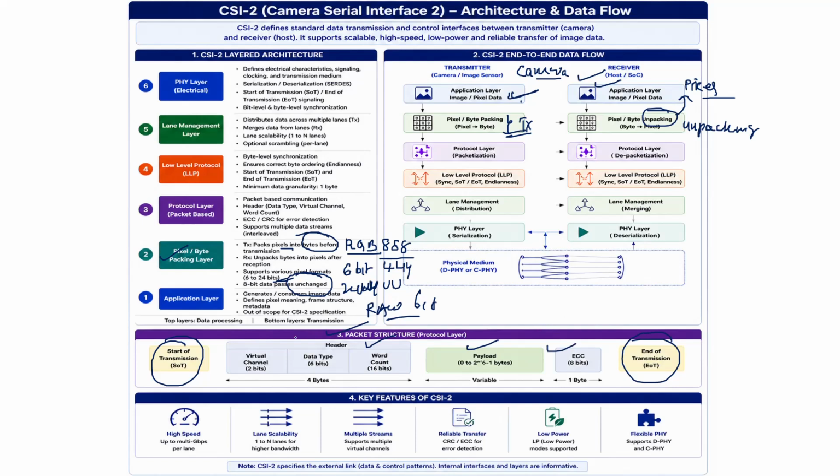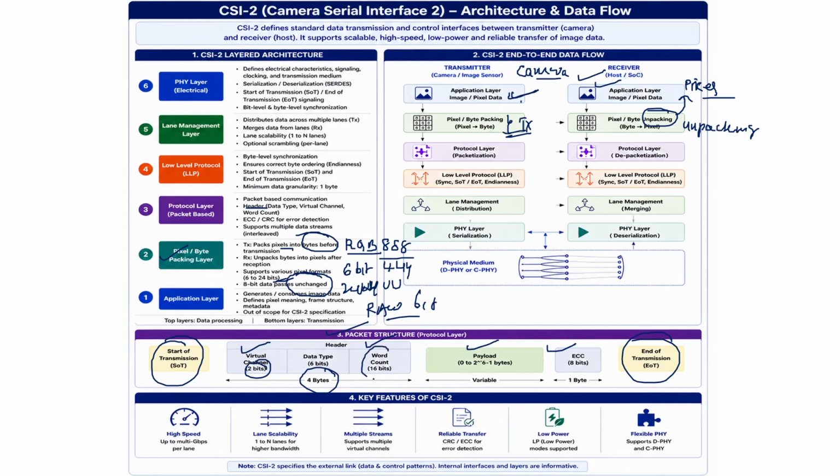In this low-level protocol, the header contains the virtual channels, a 2-bit virtual channel. These virtual channels communicate from the transmitting side to the receiver side. They are not physically available but virtually available, and are used to transmit the data from the transmitting side to the receiving side. So virtual channels as well as data bytes, 4 bytes of data we are having.